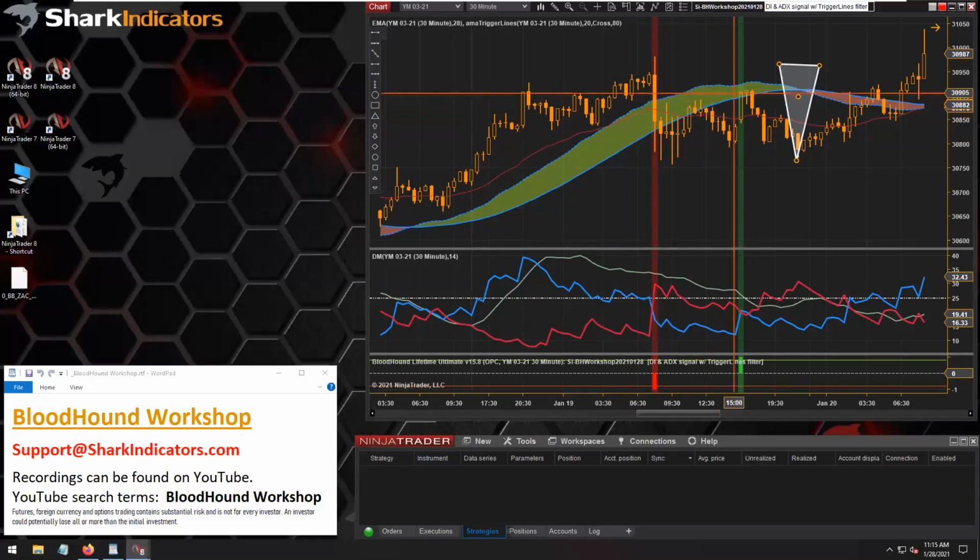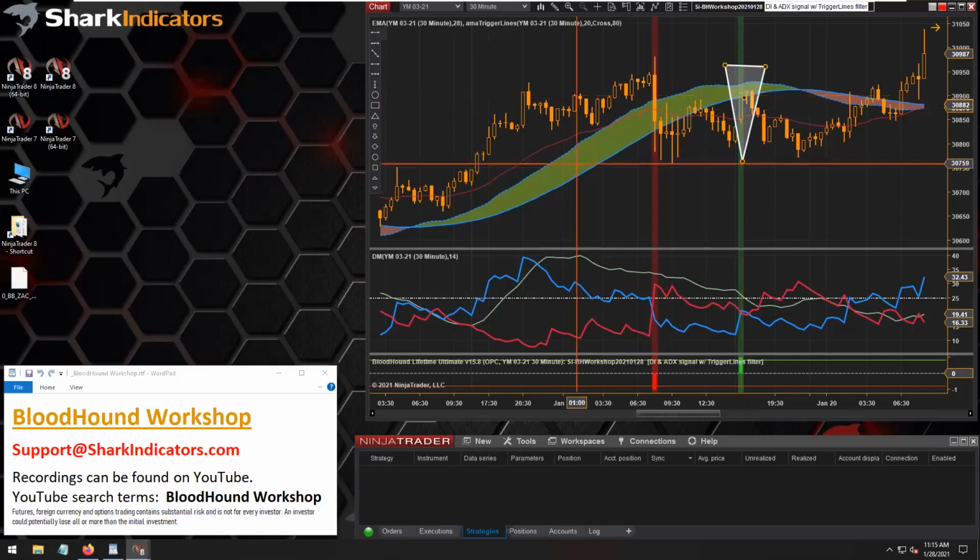So when the trigger lines are crossed up, we need to compare the closing price to the faster trigger line. So we've got two lines that we need to compare the bar close to, depending if the trigger lines are crossed up or crossed down.